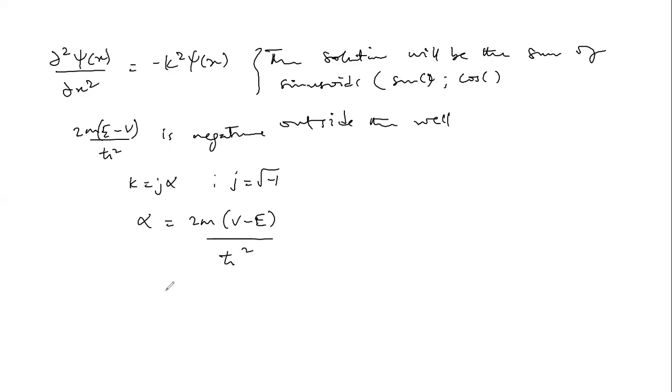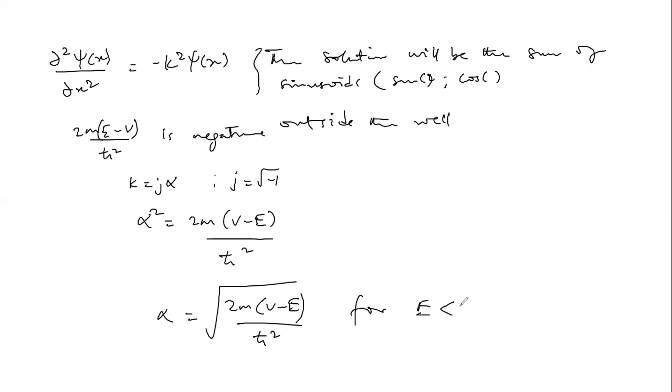So alpha will be the square root of 2m(V - E) over h-cross squared for E less than V. So you take note of that.